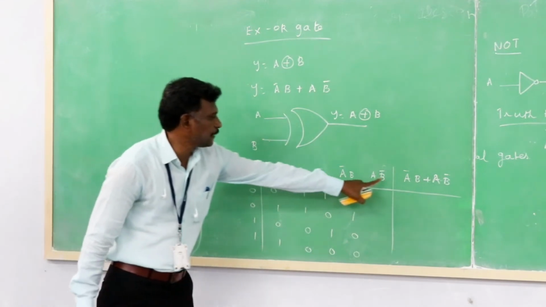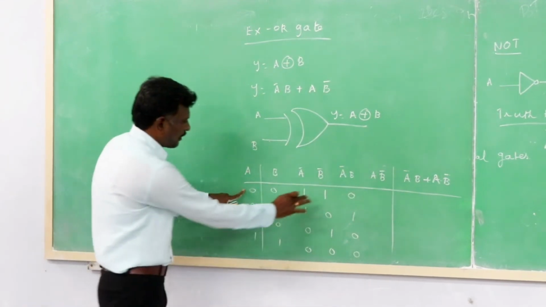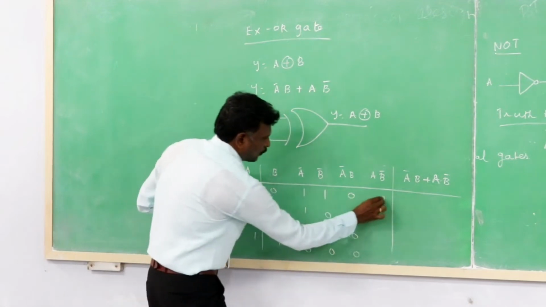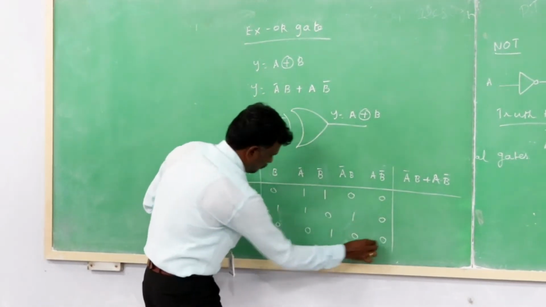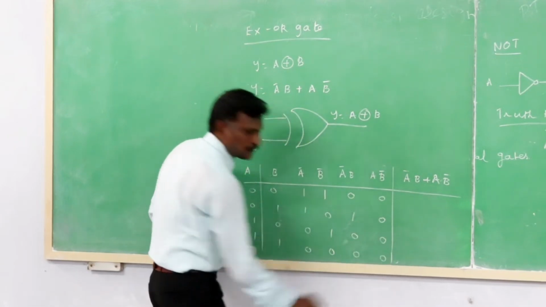Again A into B bar: 0 into 1 is 0, 0 into 0 is 0, 1 into 1 is 1, 1 into 0 is 0.